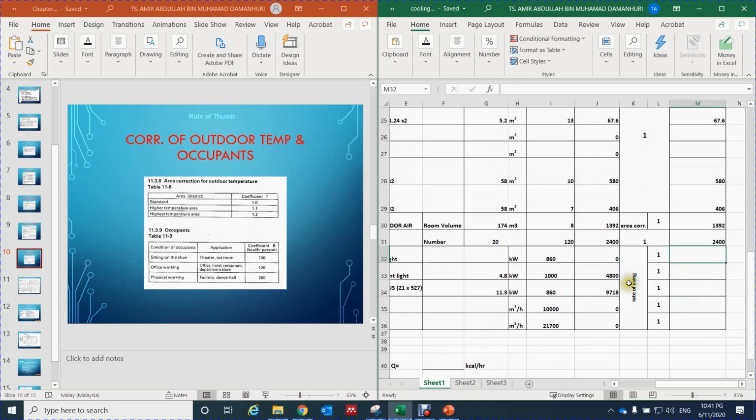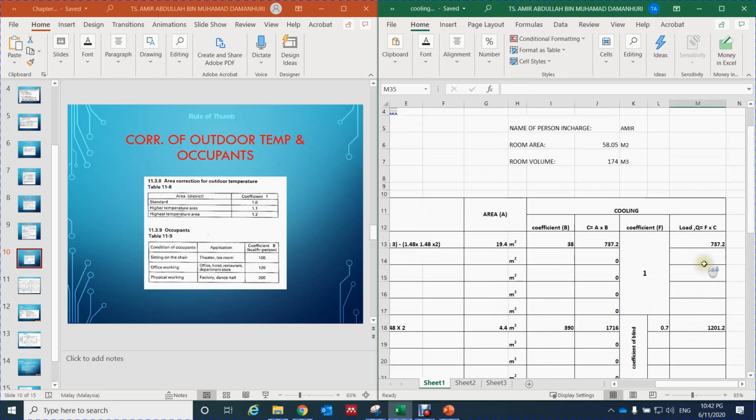Alright, so now we have the fluorescent light, equal to 1 multiplied with the 4800 here, and then 1 also multiplied here. This is the total Q that we got.